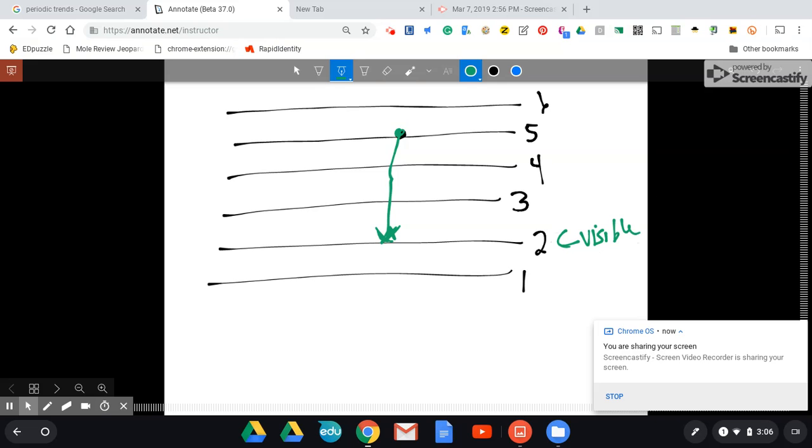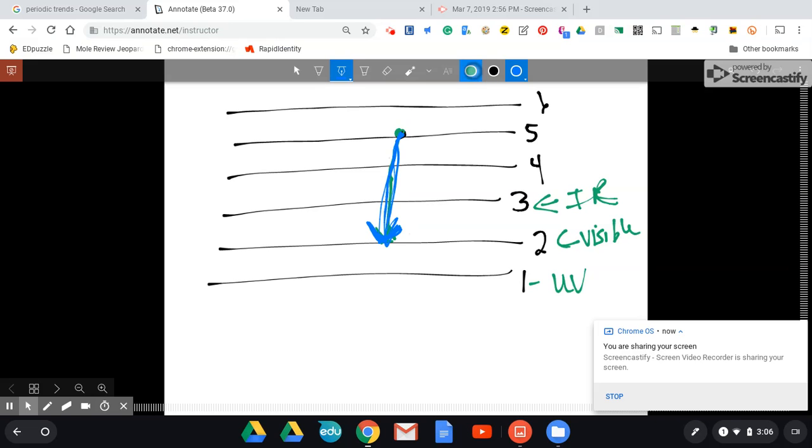Anytime I stop at 3, I get infrared. And anytime I stop at 1, I get UV. With visible, there are specific colors. This 5, I should have drawn in blue, because 5 actually gives us blue. So that electron, when it fell from level 5 to level 2, would give off blue light.